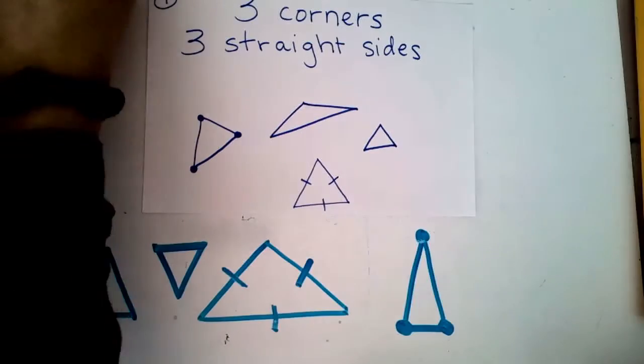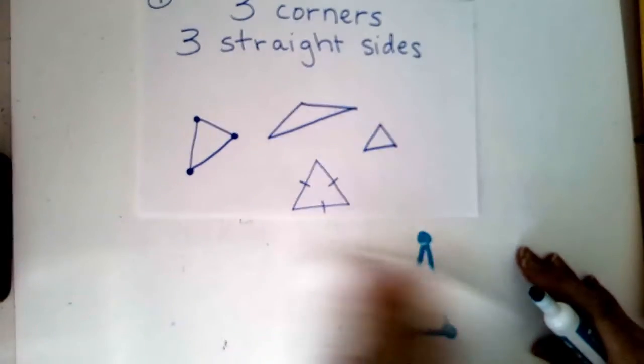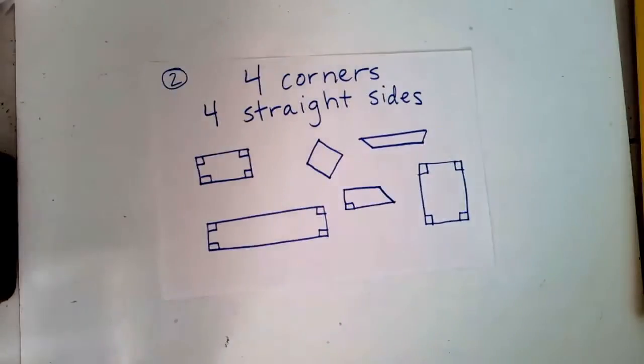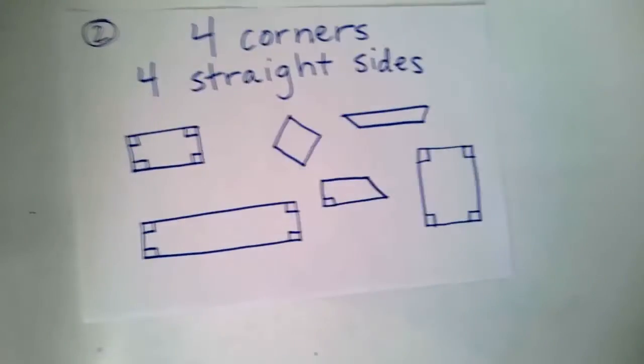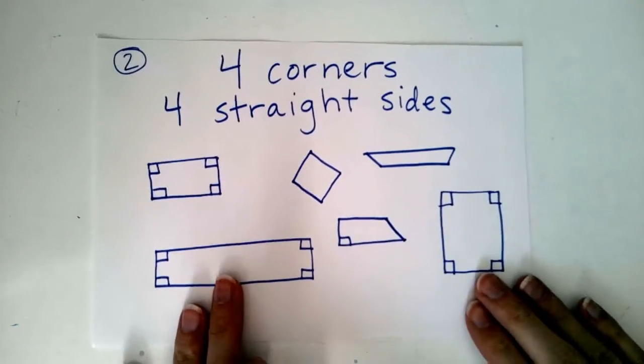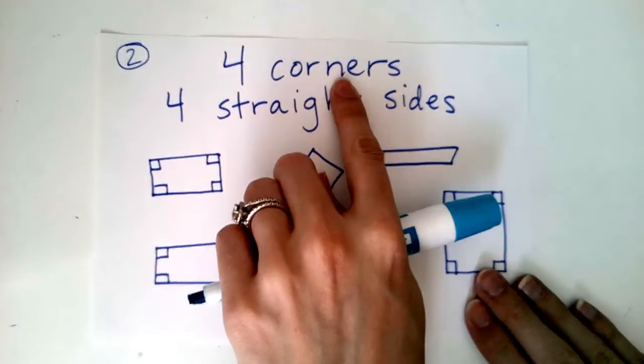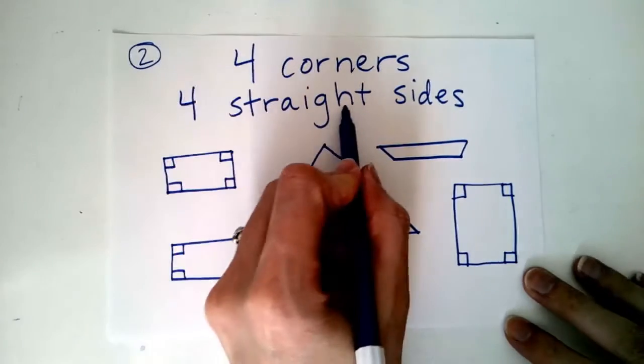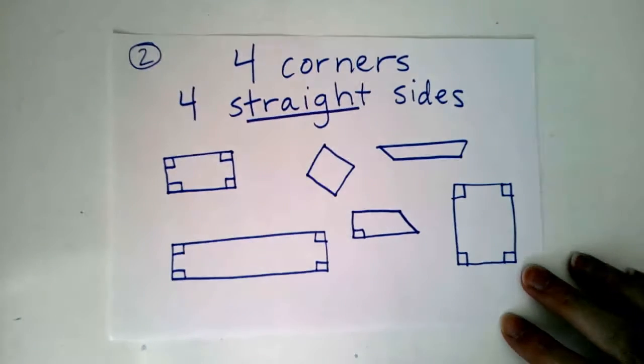All right, let's erase and look at some other shapes now. Here's my next chart. You're probably going to recognize these shapes as well. These shapes all have 4 corners and 4 straight sides. Notice this word straight is an important one.